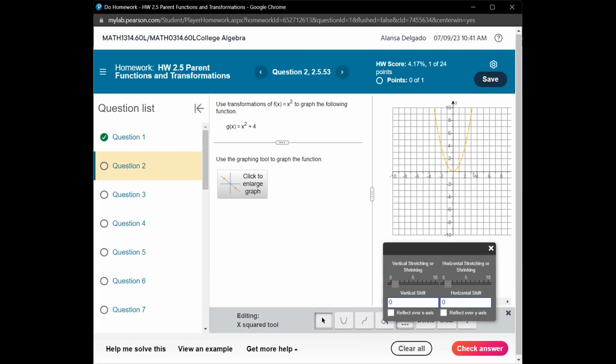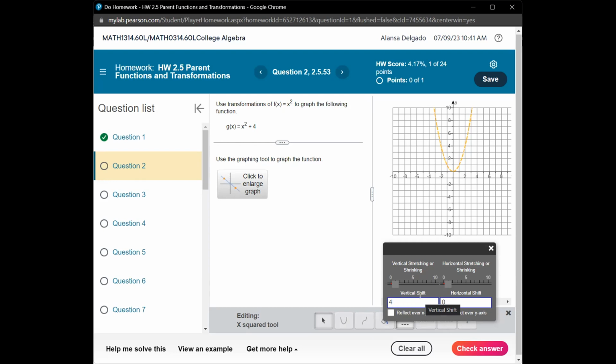Okay. It's going to be a vertical shift of 4 units. Instead of going through 0, 0, notice that when x is 0, x squared plus 4 is 4. So it has to be raised 4 units.